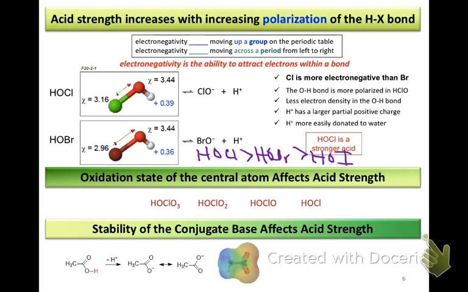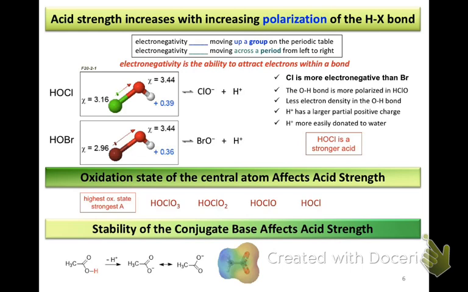This is true if the number of oxygen atoms is the same when you're comparing acids. If the number of oxygen atoms is different, you're going to look at the oxidation state of the central atom. Basically, the more oxygens you've got, the stronger the acid is going to be. You're going to have more electron withdrawing power.